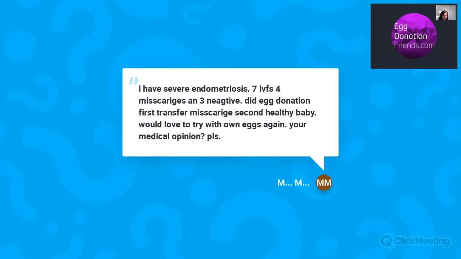I have severe endometriosis, 7 IVFs, 4 miscarriages, and 3 negative. Did egg donation first transfer, miscarriage, second, healthy baby. Would love to try with own eggs again. Your medical opinion, please.